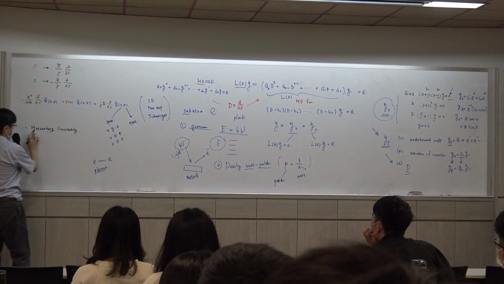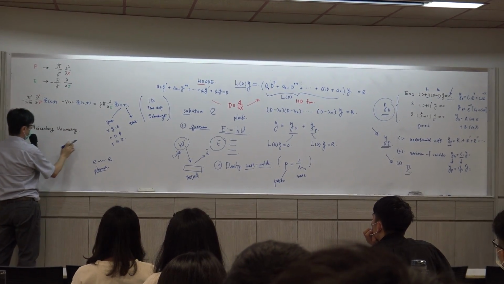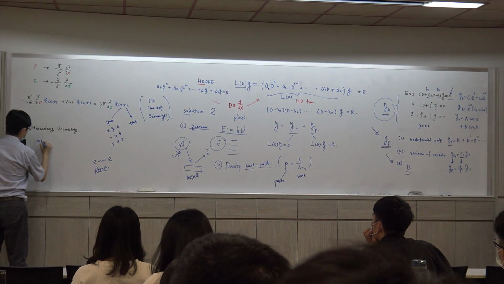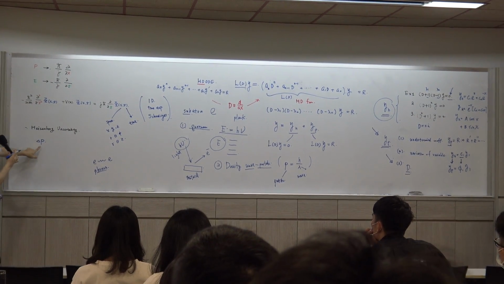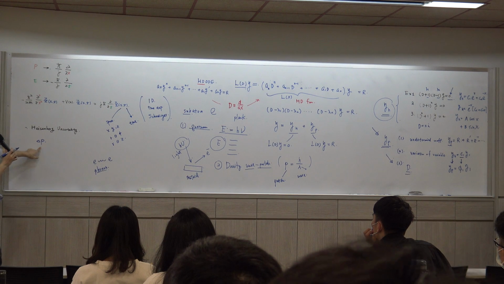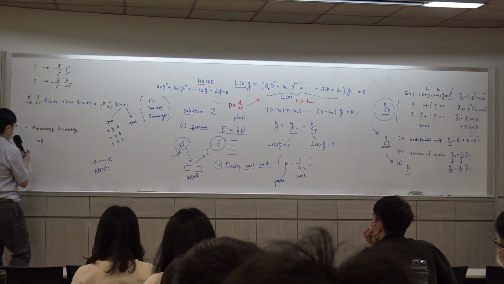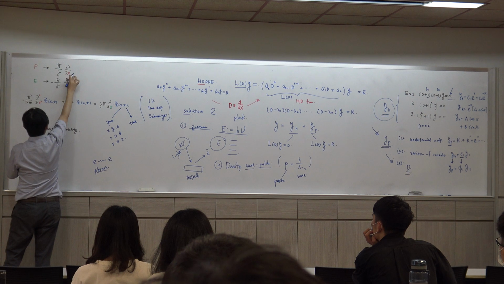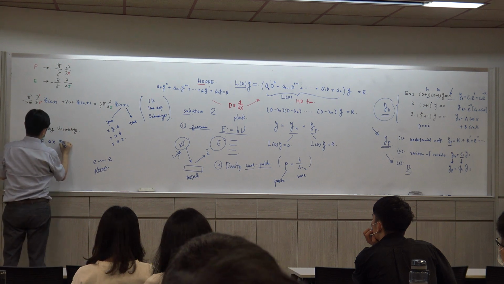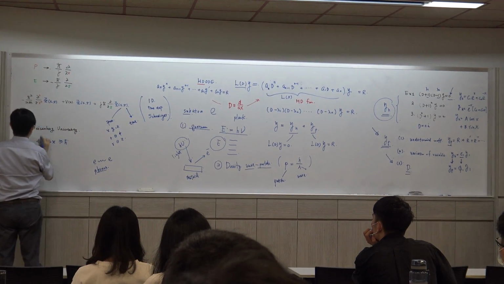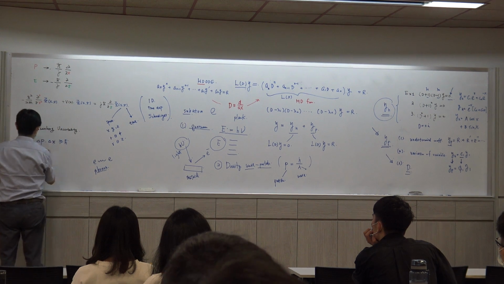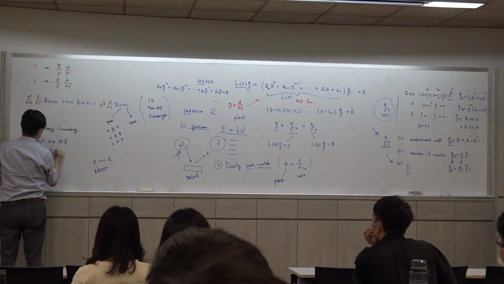So what does Heisenberg uncertainty mean? It means the momentum will be related with x, and energy will be related with T.